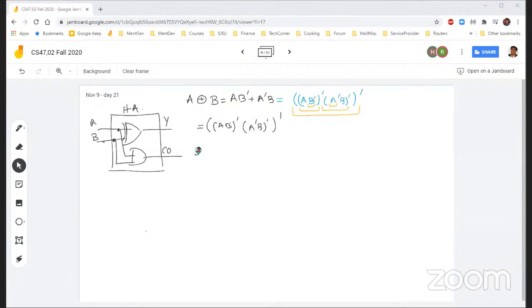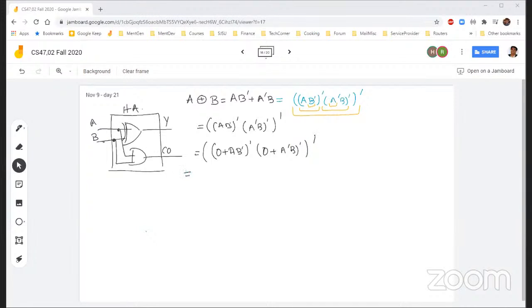Then we will expand the terms like this: 0 or AB bar, 0 or A bar B, whole bar.